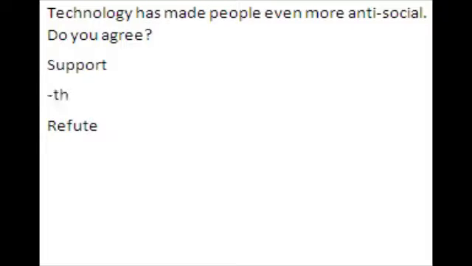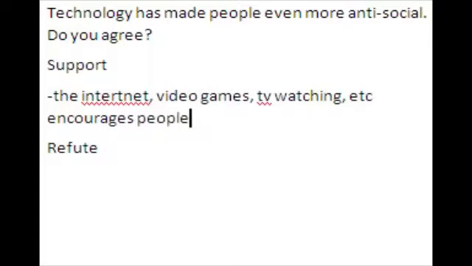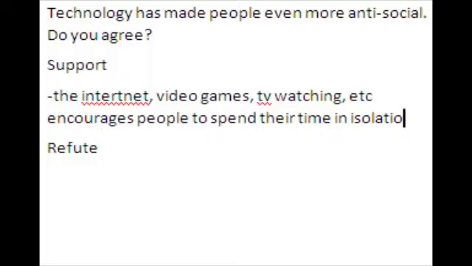So perhaps we could say the internet, video games, TV watching, etc., encourages people to spend their time in isolation. In isolation being alone, interacting with a machine.